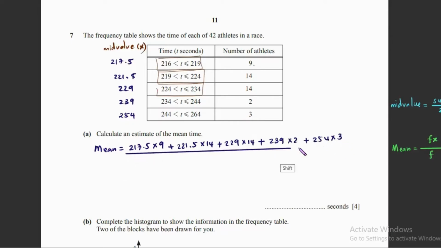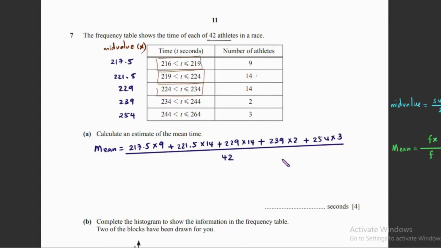Add them all up, and we need to divide it by the total of the frequency. When we add these 5 numbers together, it will give us 42, which is already given to us in the question. So I can write it over 42.